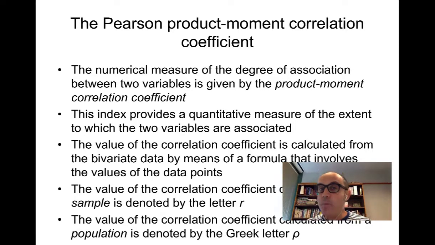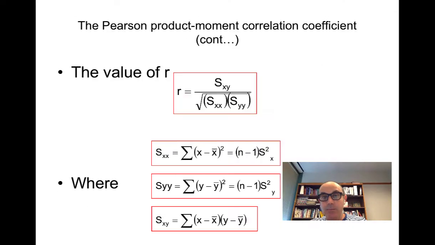So the Pearson product moment correlation coefficient is measured with two terms. One is the r, which is the value of the correlation coefficient calculated from the sample data, and the other is rho, the correlation coefficient calculated from the entire population, denoted by the Greek letter rho.